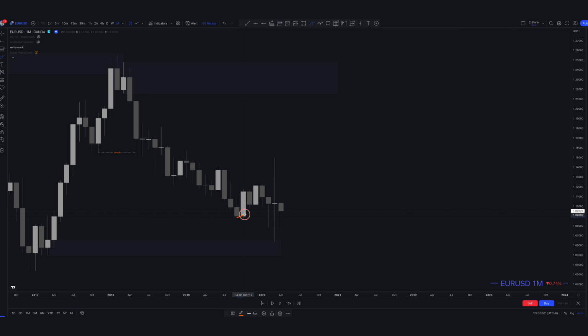So this was a pullback, and then there was a break, and then we had a break to the upside here. And like I said, it all depends on the volatility of the market. You see these huge or crazy candles, but you need to be able to read the market and the structure as it is.